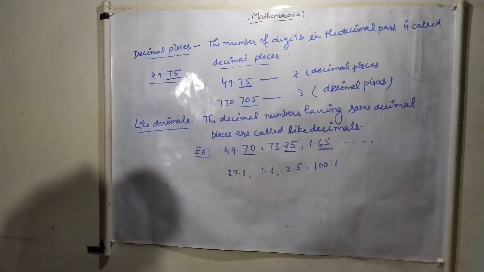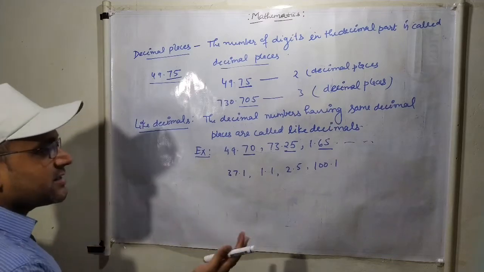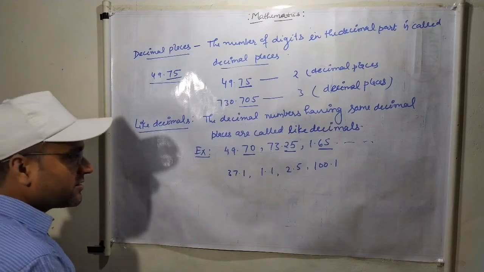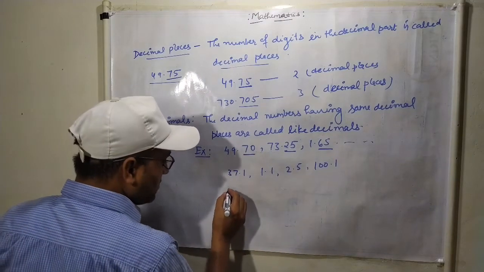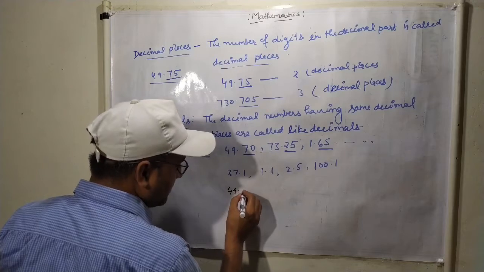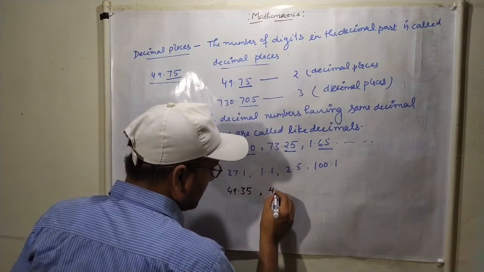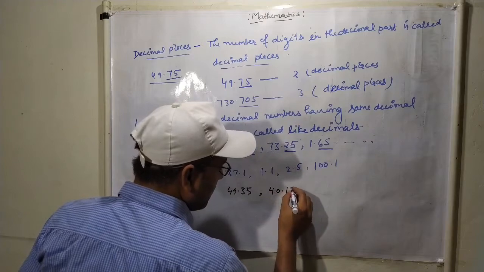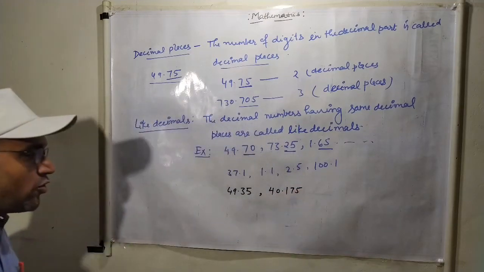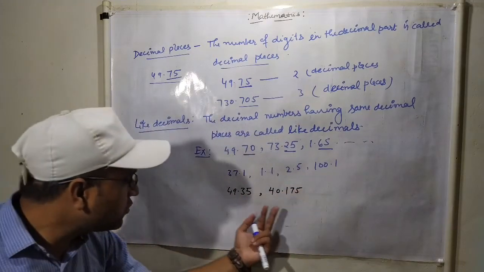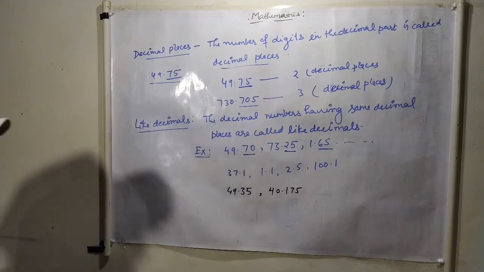And it is very easy to change unlike decimals into like decimals. Suppose here are two decimals, 49.35 and 40.175. I want to change these two decimals into like decimals.